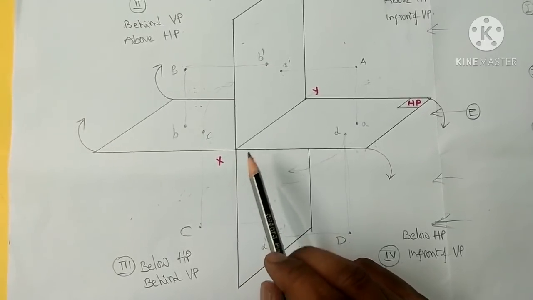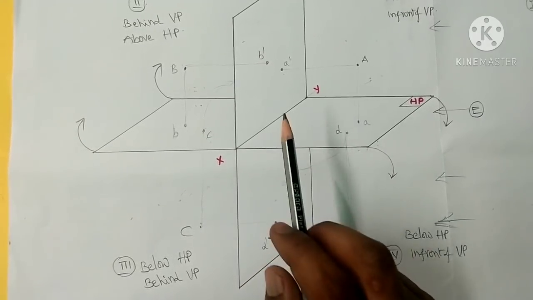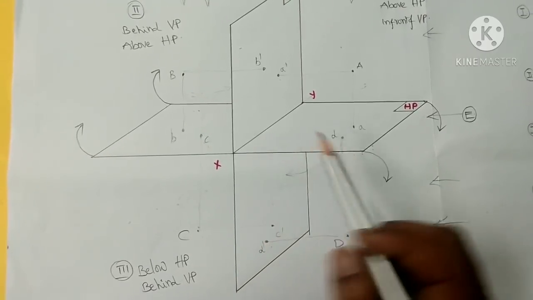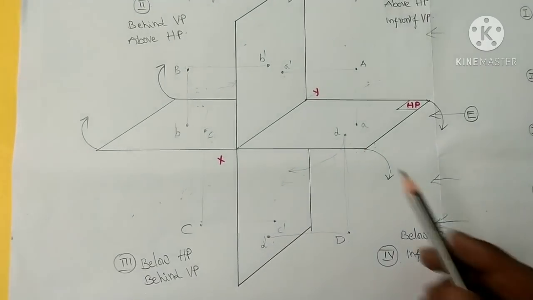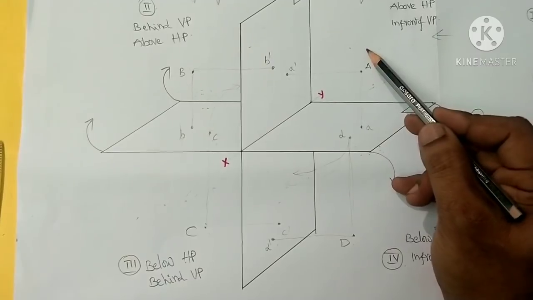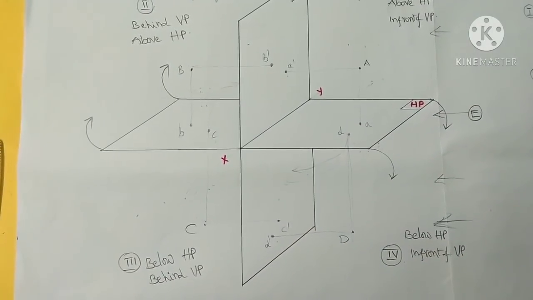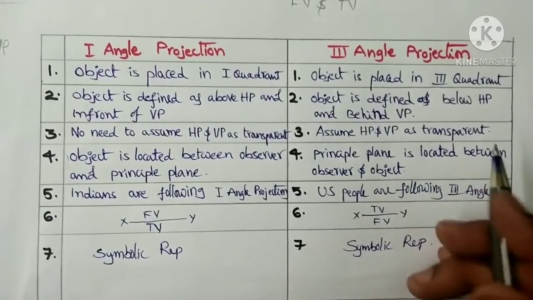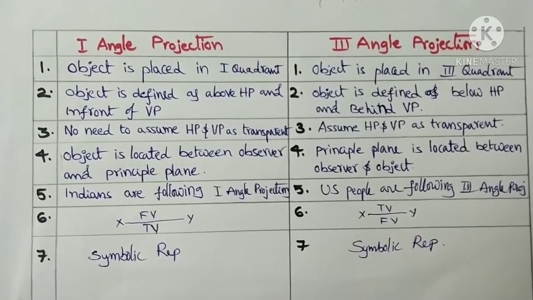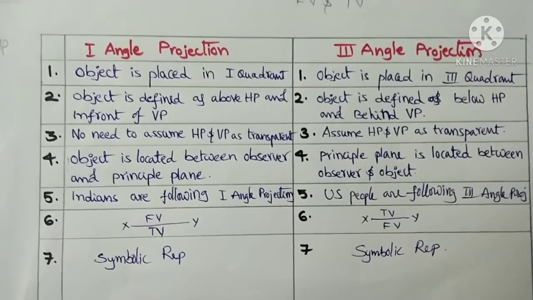We can follow all quadrants only for points. Remember this particular point. Now we can compare and see the differences between first angle projection and third angle projection.